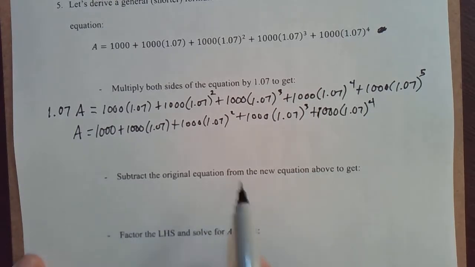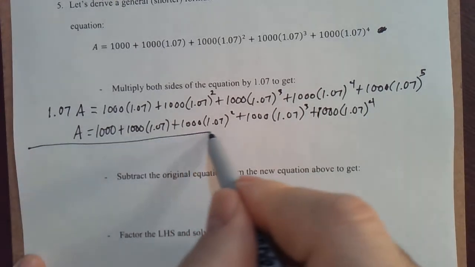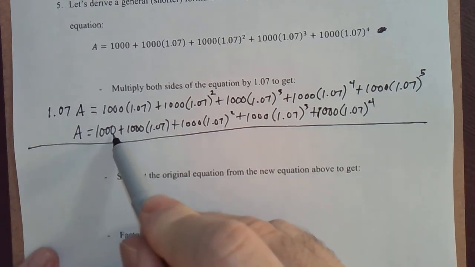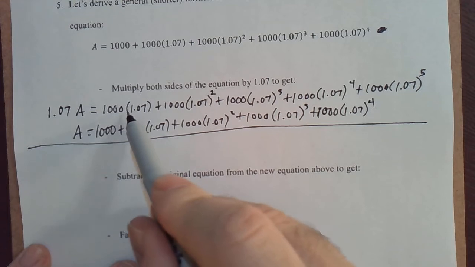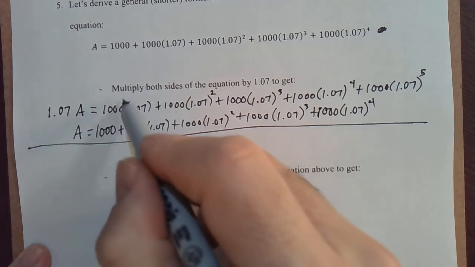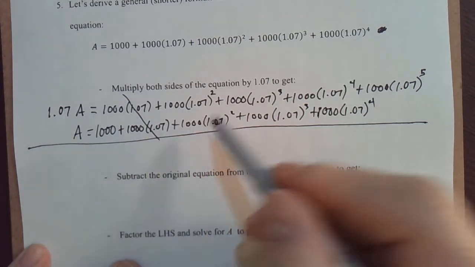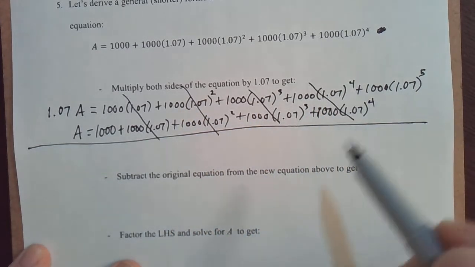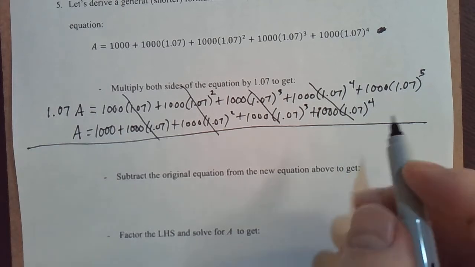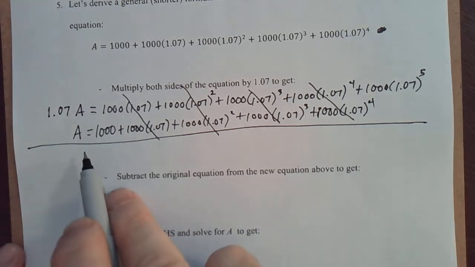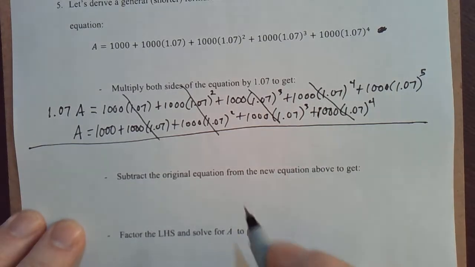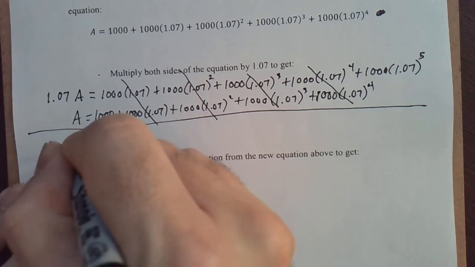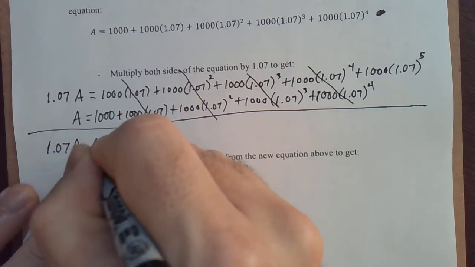Okay, so subtract the original from the new equation. Well, I'm going to ignore this 1,000 first for a second and notice that this minus this gives us 0. That cancels out. This minus this gives us 0. That cancels out. This minus this gives us 0, and that minus that gives us 0. So much of this canceled out. So the left-hand side would be 1.07a minus a, right?